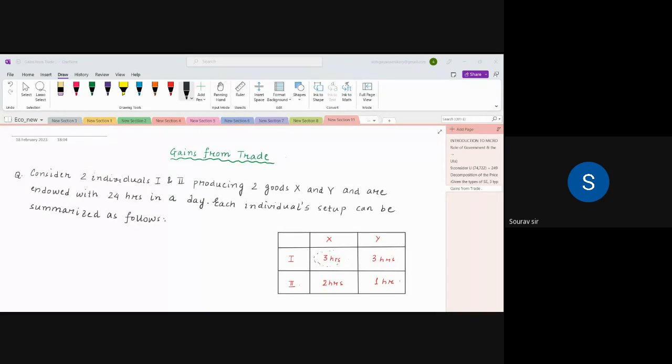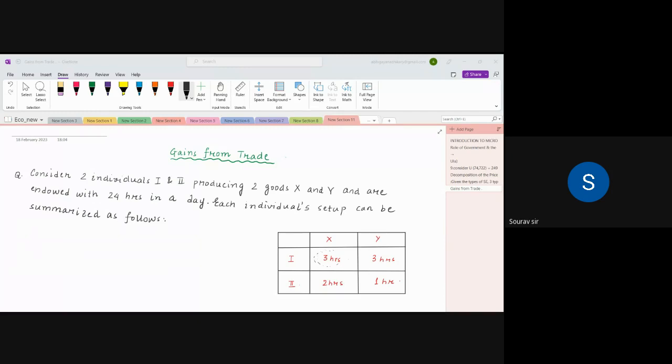So now the question is, if individuals 1 and 2 are producing only these two goods with these specific time units, is there any benefit that they would get from trading the goods among themselves? Because they are not only producing these two goods X and Y, they are also consuming them.